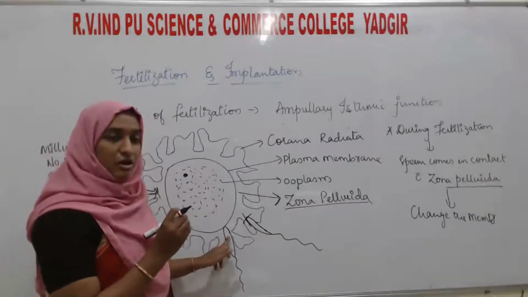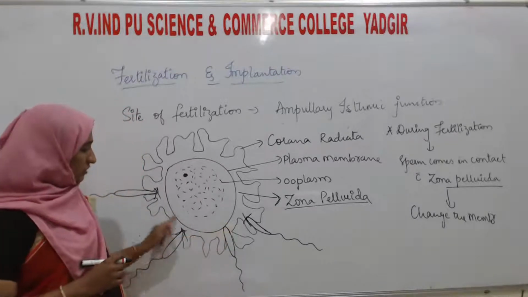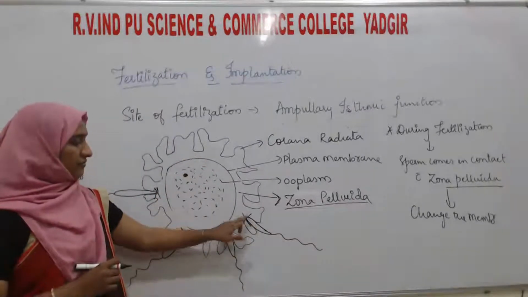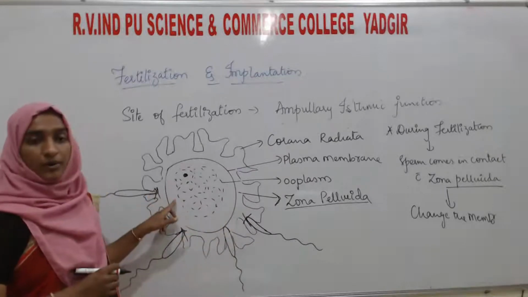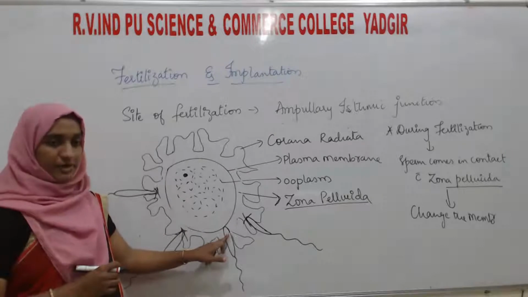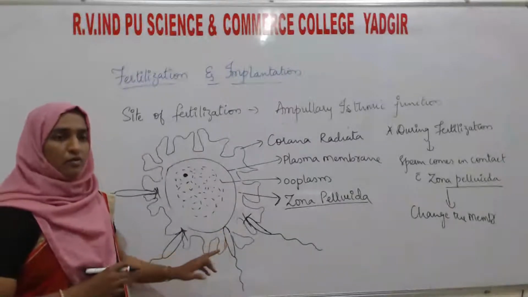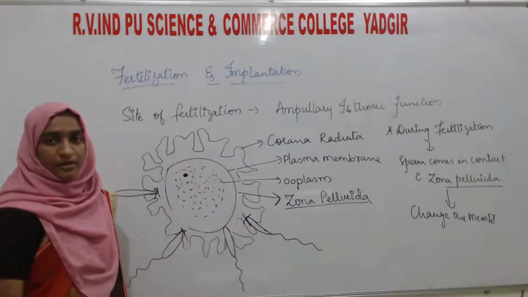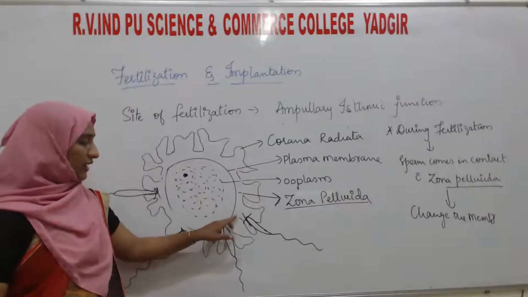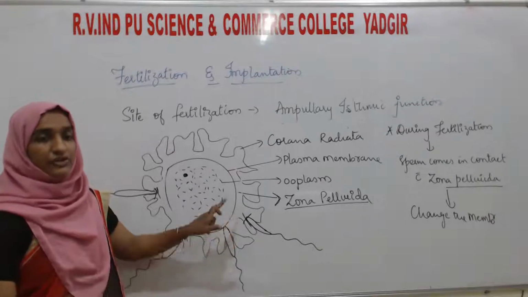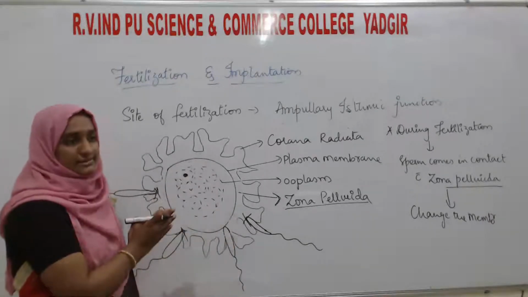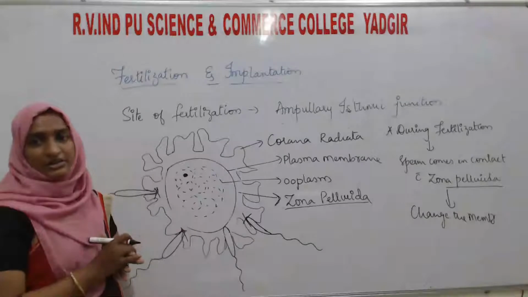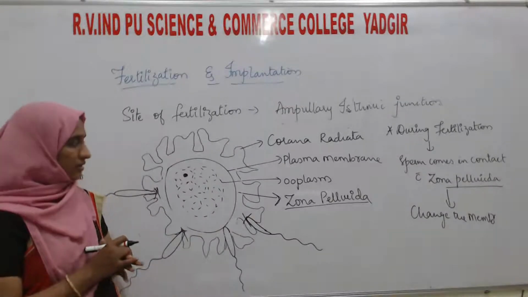After coming in contact with the zona pellucida, some changes are going to take place in the whole of this zona pellucida, due to which the other sperms cannot penetrate into the ovum. Only one sperm can penetrate. That changes will not allow the other sperms to penetrate into it. Understanding? Okay, see here.